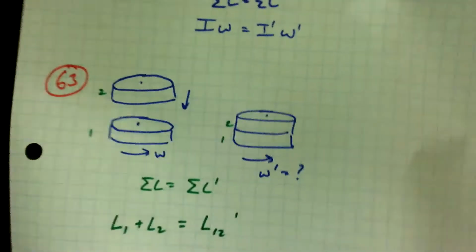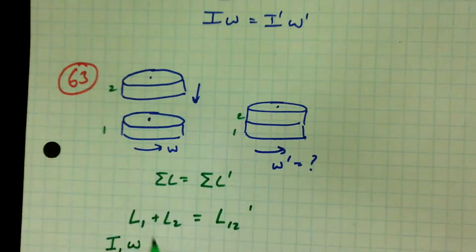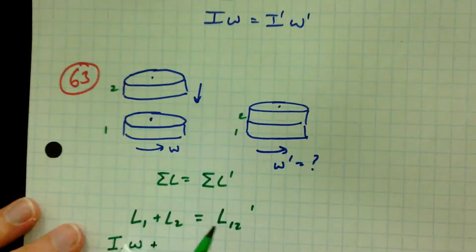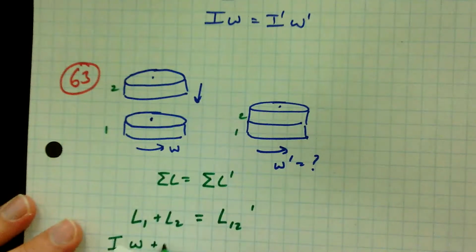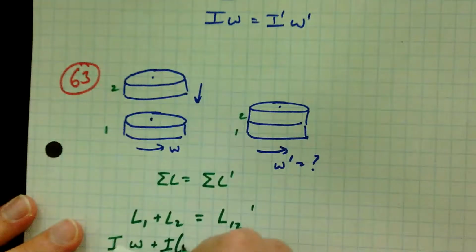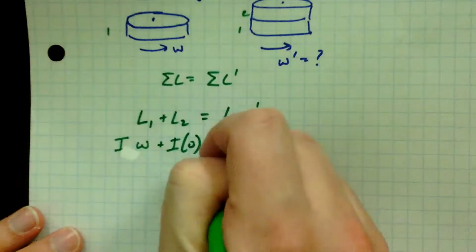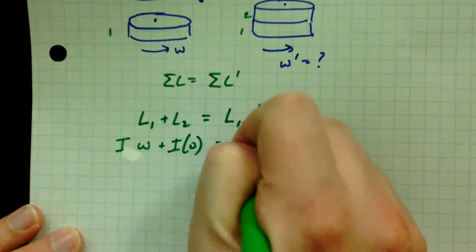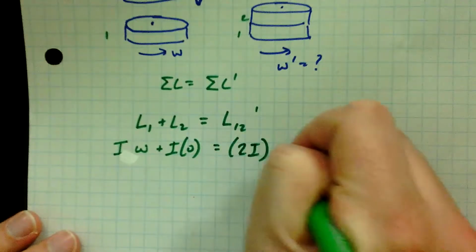They both have the same moment of inertia I. So this is going to be I1 omega 1, which we're just calling omega, plus, the I's are the same, so I can just call it I, I omega plus I times 0, since this one's not rotating, is going to be equal to the new I of this combined thing, which is 2I, times omega prime.